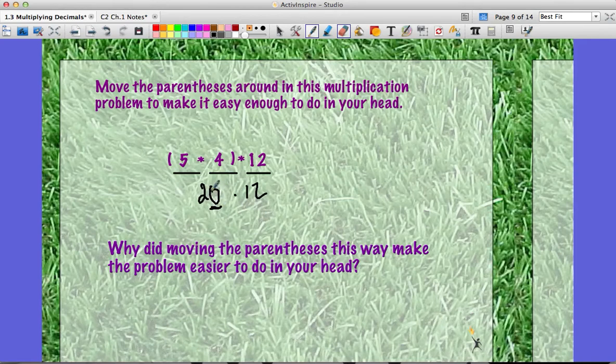We ignore the 0 and do 2 times 12, which I know is 24, and then because I have this 1 0, I add 1 0 to the end of my answer, and my answer is 240. I could have done all this in my head without showing you any of this work, but I wanted you to understand and see what it is that we're trying to do and how we're making this easier to do in your head.